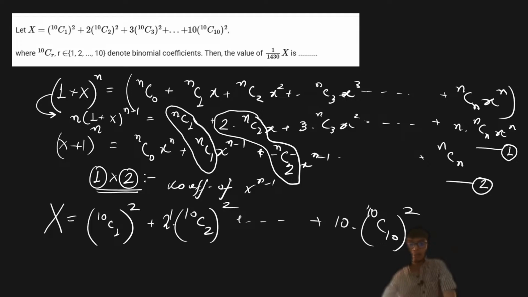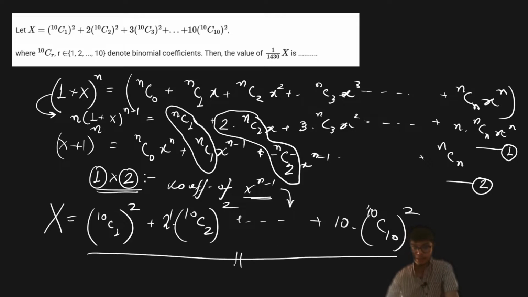So this capital X is nothing but the coefficient of x^(n-1) in the expansion of (1 + x)^(2n), and therefore your answer capital X will be basically equal to 2nC(n-1).